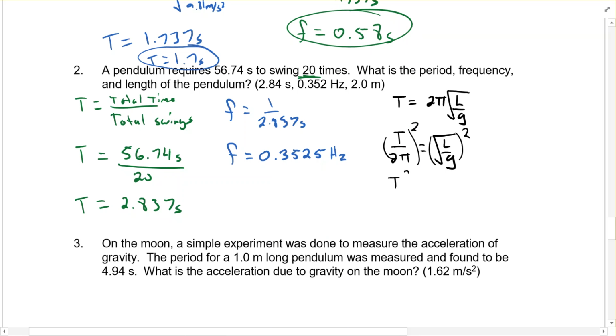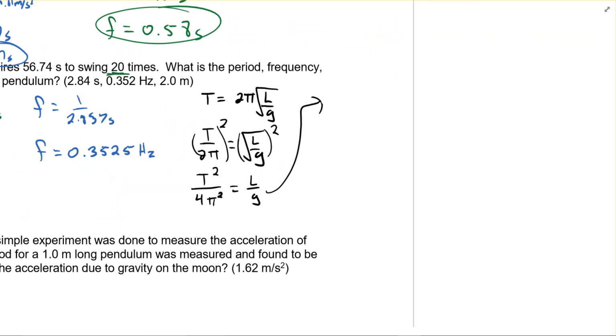I'm left with T squared over 4 pi squared is equal to L over G. And then last thing, I'm just going to multiply both sides by G. So I'll write it up here: G times T squared over 4 pi squared is equal to L.